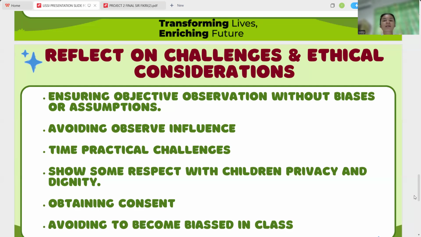We might observe children's behavior based on our personal expectations rather than objective facts. I can give an example: as educators doing observations, there might be a child who is quiet in a group discussion, and we might assume that they are not responding or do not like the subject.